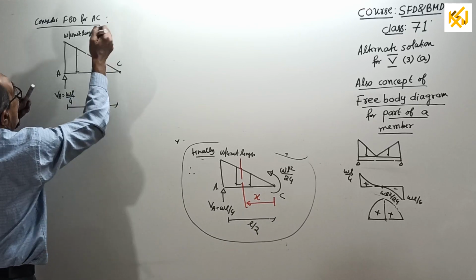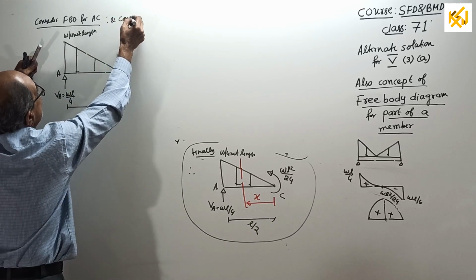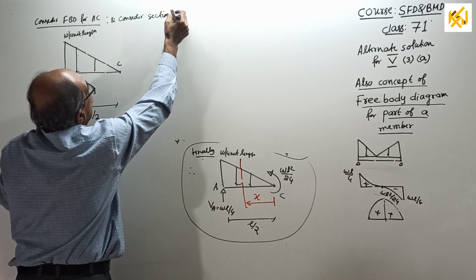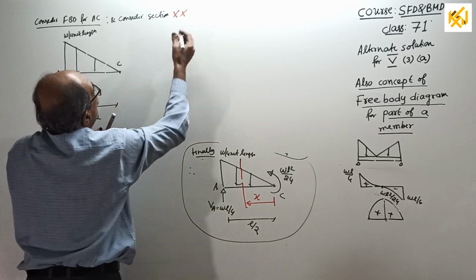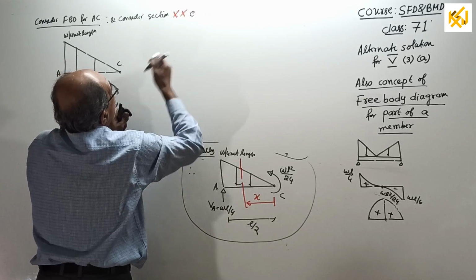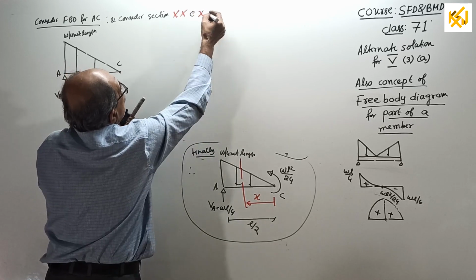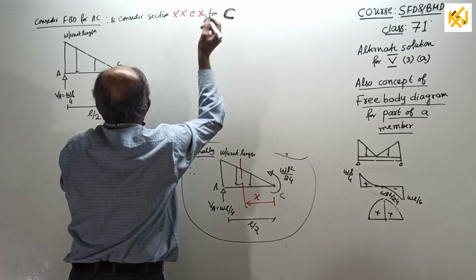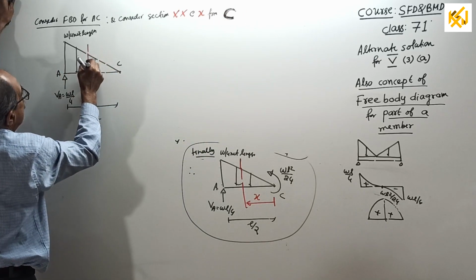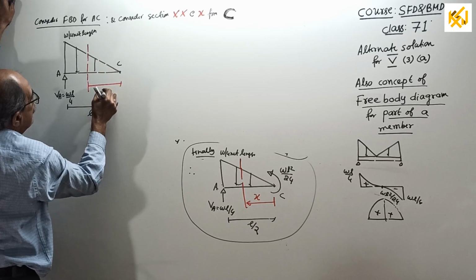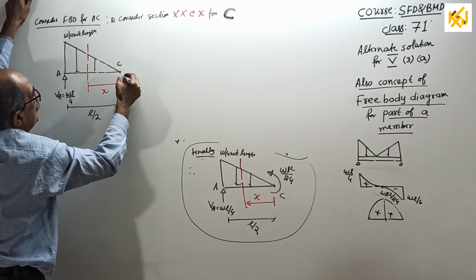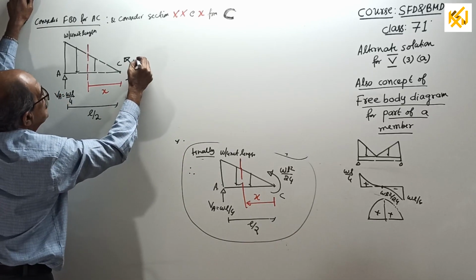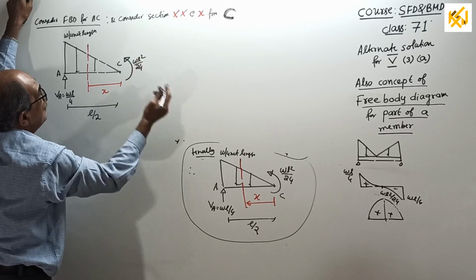Now, important, consider section XX at X from C. Sorry, I forgot this: the anti-clockwise moment of WL square by 24. I forgot it, right? I will remember later.